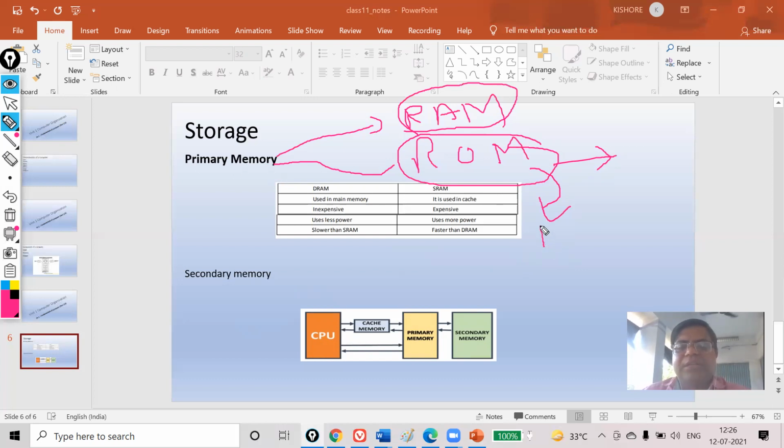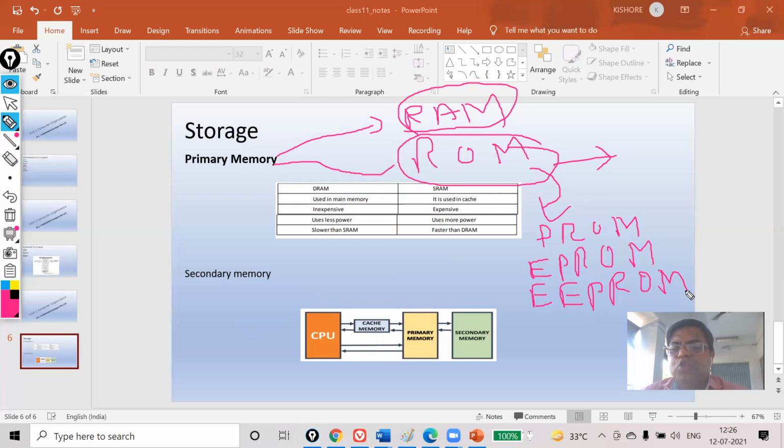The first one is PROM, the next one is EPROM, and the last one is EEPROM. So you have to know what a PROM is.